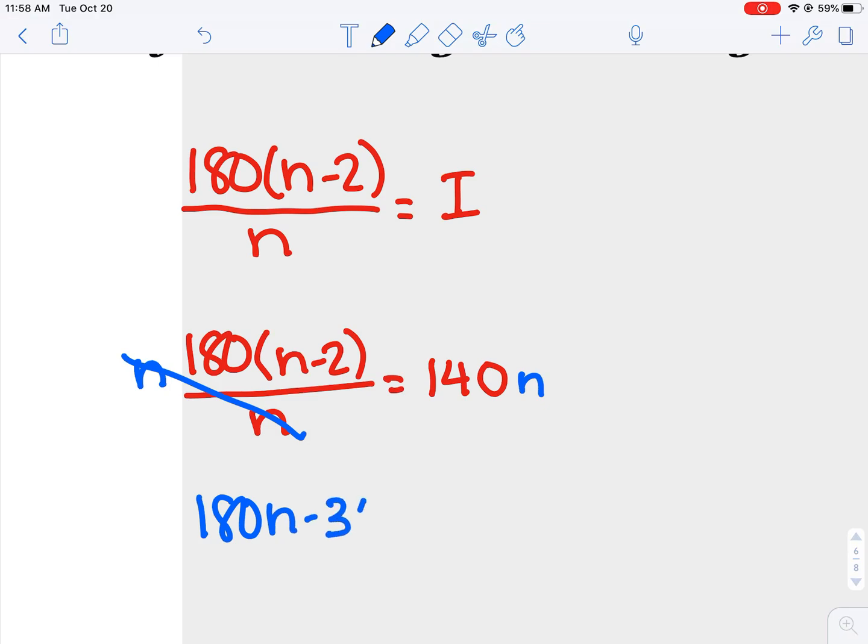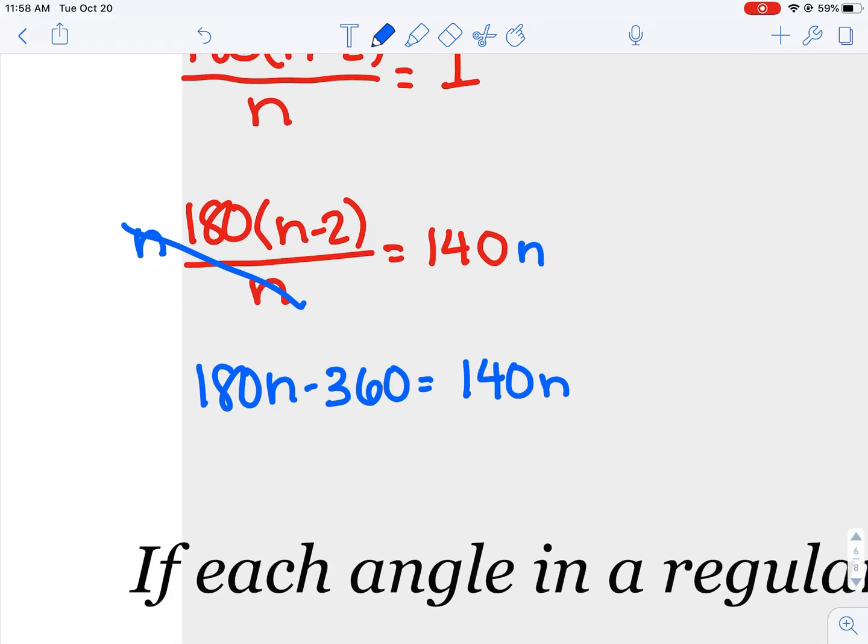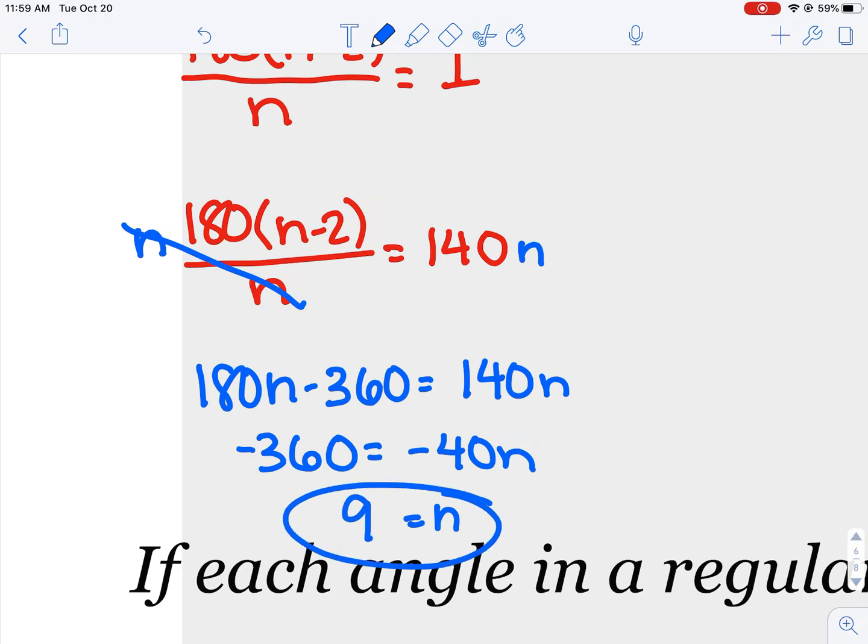So I have 180n minus 360 equals 140n. Subtract the 180n, and I have negative 360 equals negative 40n. And when I divide, I get n equals 9.